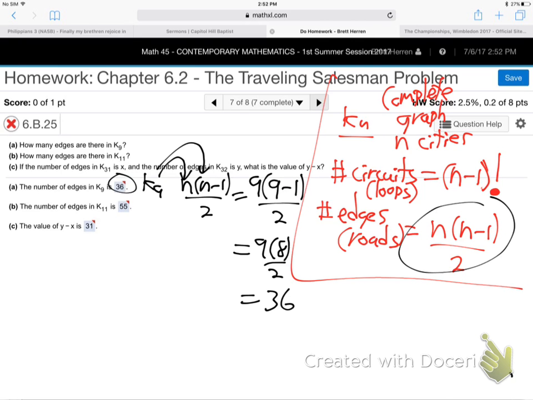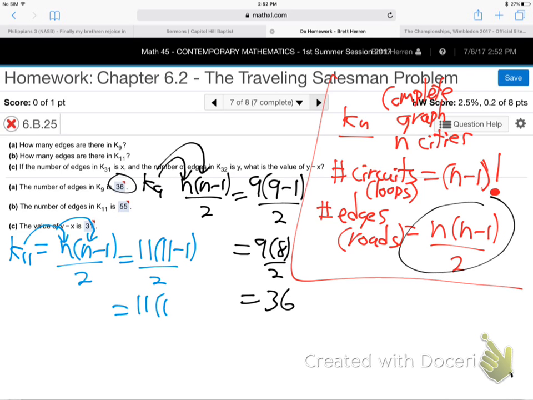Then for K11, again, it's n times n minus 1 over 2. Plug in the 11. It's 11 times 11 minus 1 over 2, it's 11 times 10 over 2, it's 55. Is that good for those?